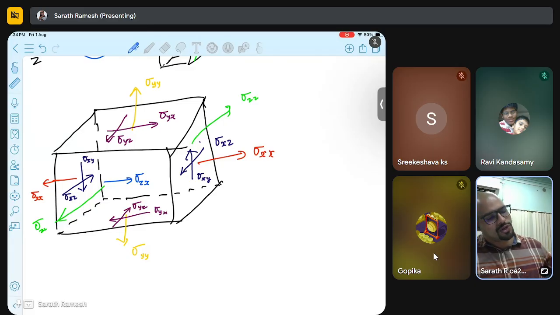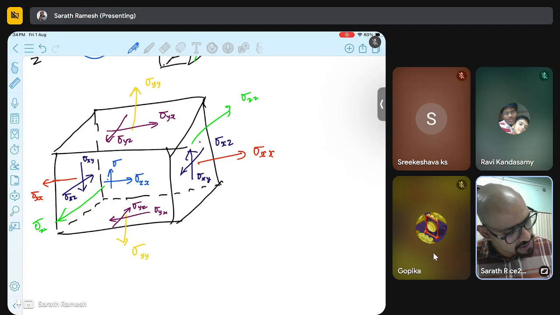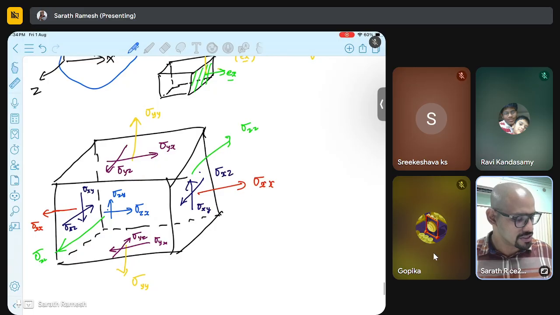This is actually on the outward surface, and this would be sigma zy. Similarly, the backside will also have the same, but in the opposite direction. I am not drawing the backside. So these are the stress components, the meaning of the stress components.